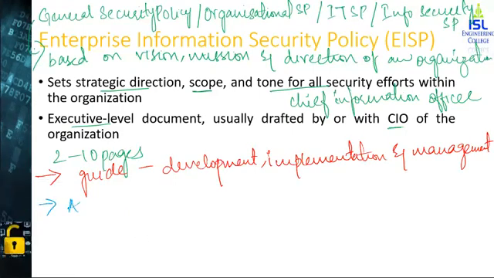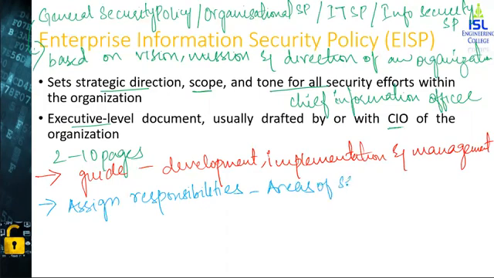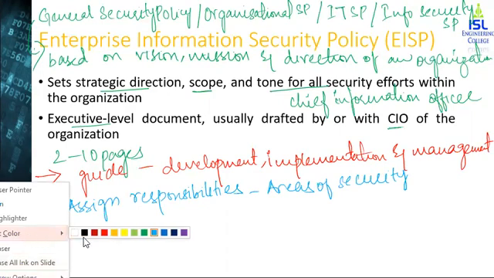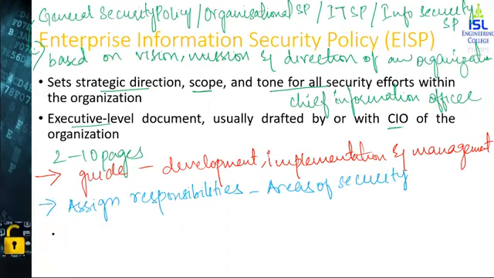The next task that EISP is going to do is that it is going to assign responsibilities to different areas of security. It can be the system administration, the information security policies, the maintenance department. So it is going to assign each of them different responsibilities.